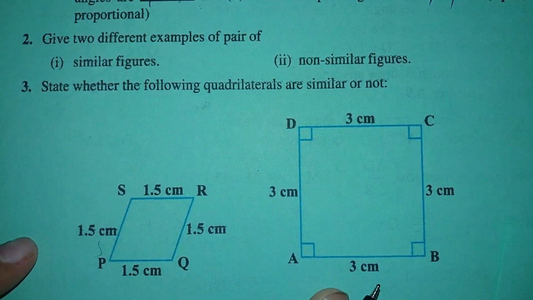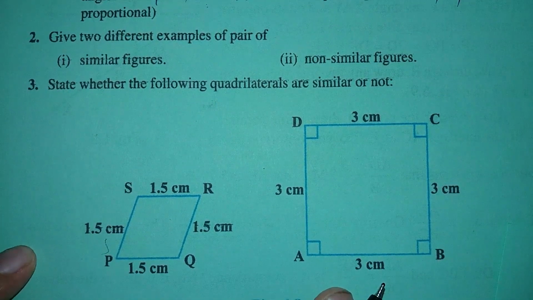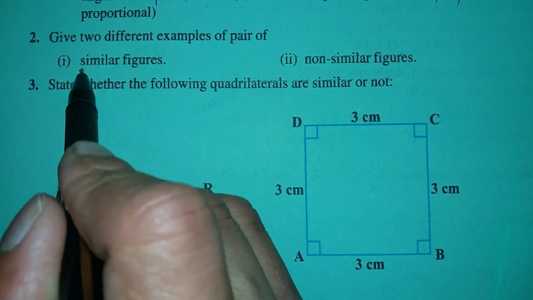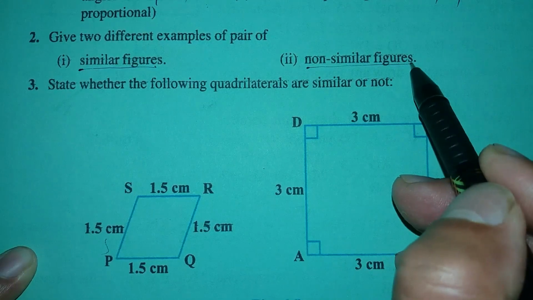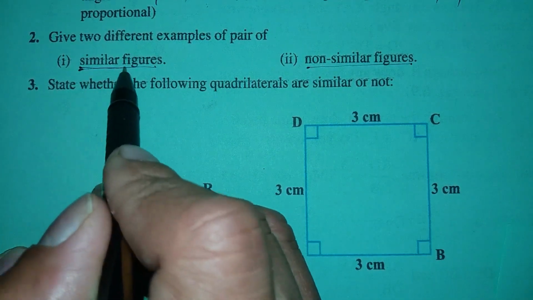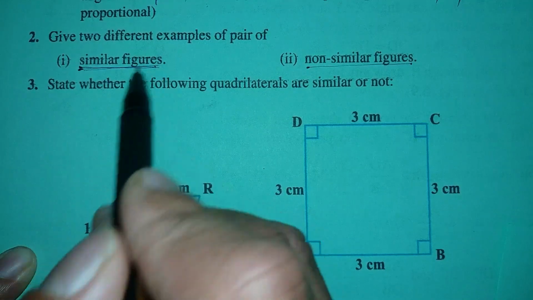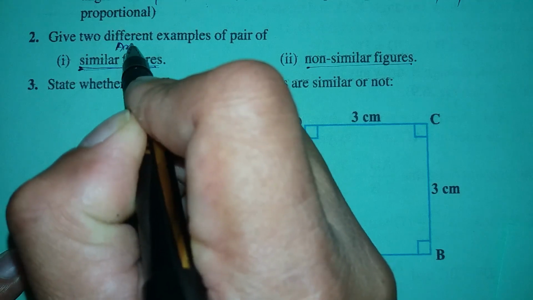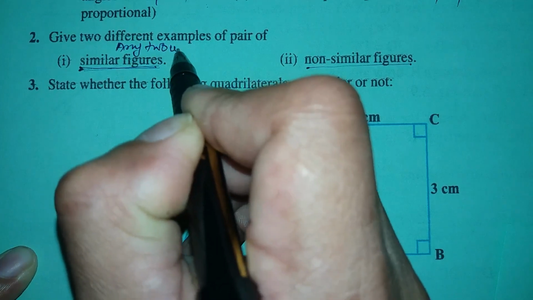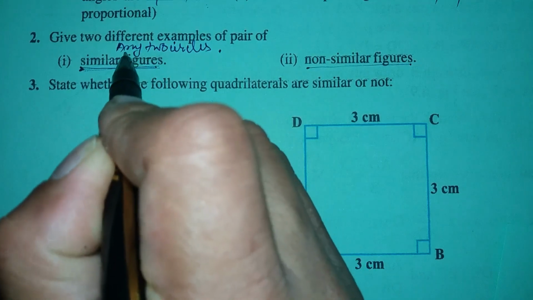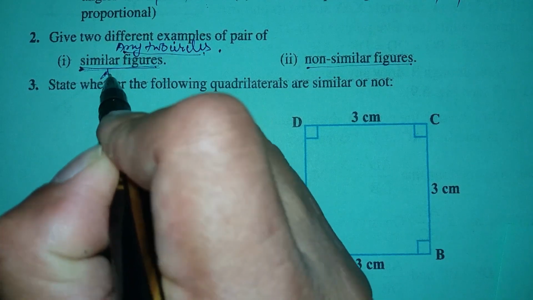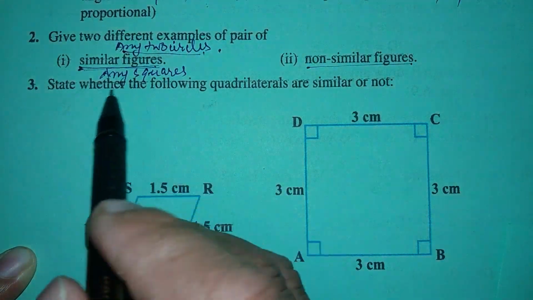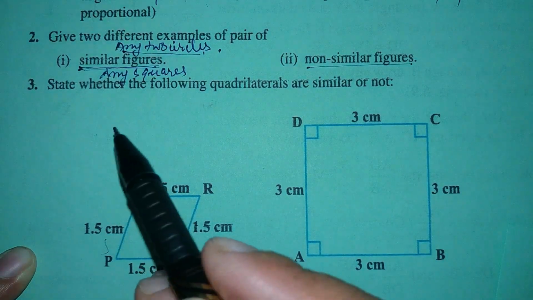Now moving on to the next question, question number 2. Give two different examples of pairs of similar figures and non-similar figures. So there are many examples we can give for similar figures. You can say any two circles, or any two squares, or you can say any two equilateral triangles.